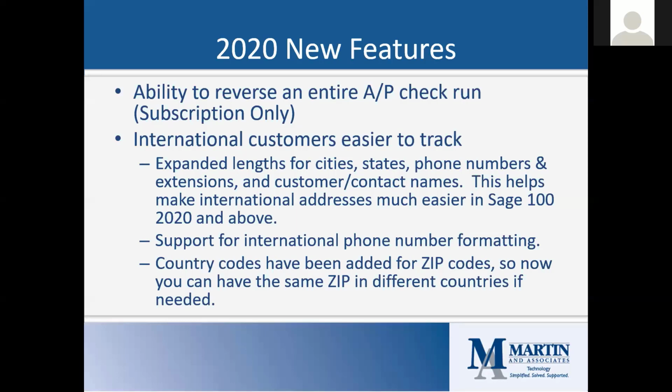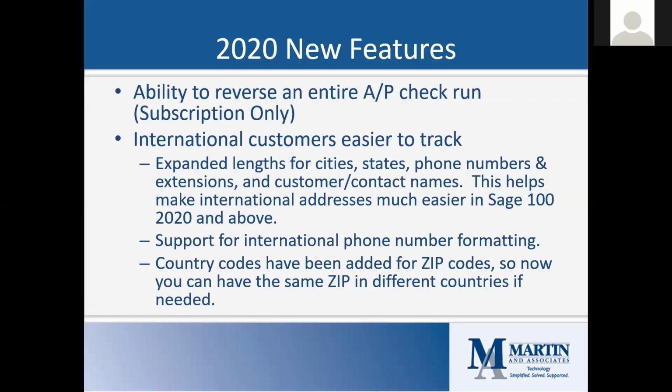International customers are easier to track. They have expanded the lengths for the cities, the states, the phone numbers, and the extensions all throughout the system. They've also expanded the customer number, the customer names, and the contact name fields inside the system as well. This will help make international addresses a lot easier in 2020 and above, because of the length of some of those fields.